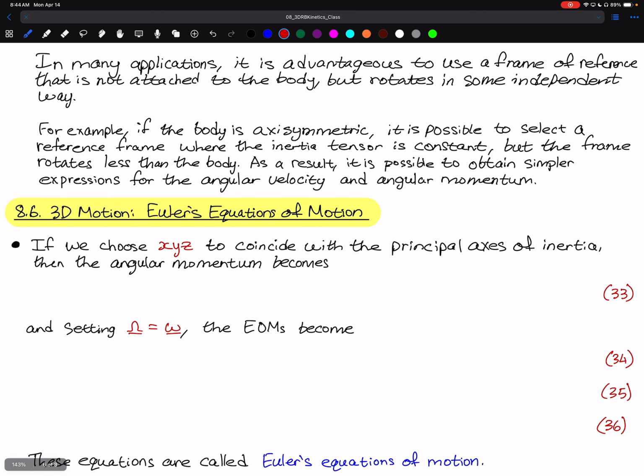All right, given that, we're now going to go into Euler's equations of motion, and then we'll end up taking a look at a gyroscope.